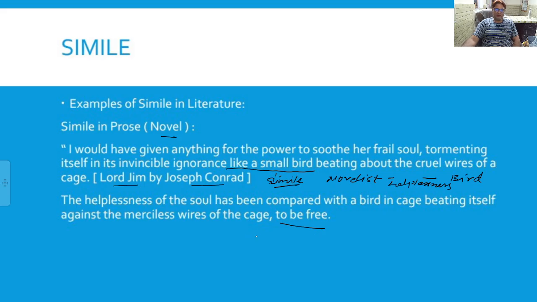So the helpless soul or character is struggling against limitations and boundaries in the same way as a bird, when ensnared, struggles hard to get itself free from the wires of the cage. It's a very beautiful simile used in prose, in a novel by Joseph Conrad. So this is all about simile, and I'm sure you must have understood.